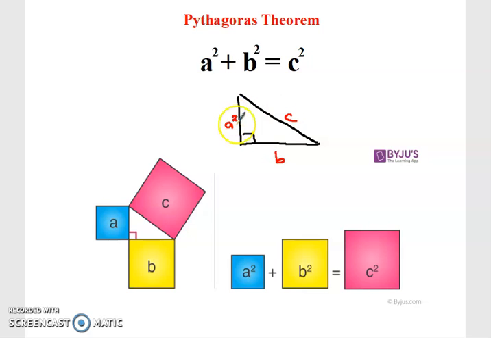Square it. And also square the B side as well. Whenever you add them, A square plus B square, it should give you C square. So whenever you square these two sides of the triangle and add them, you should get C square. So that's how this formula basically came about. And we're gonna dive deeper into that so you can better understand.